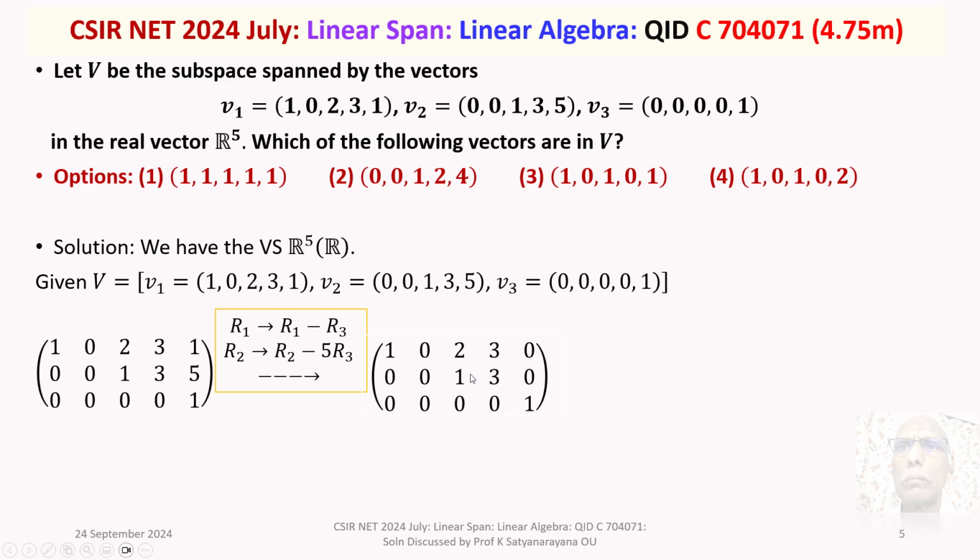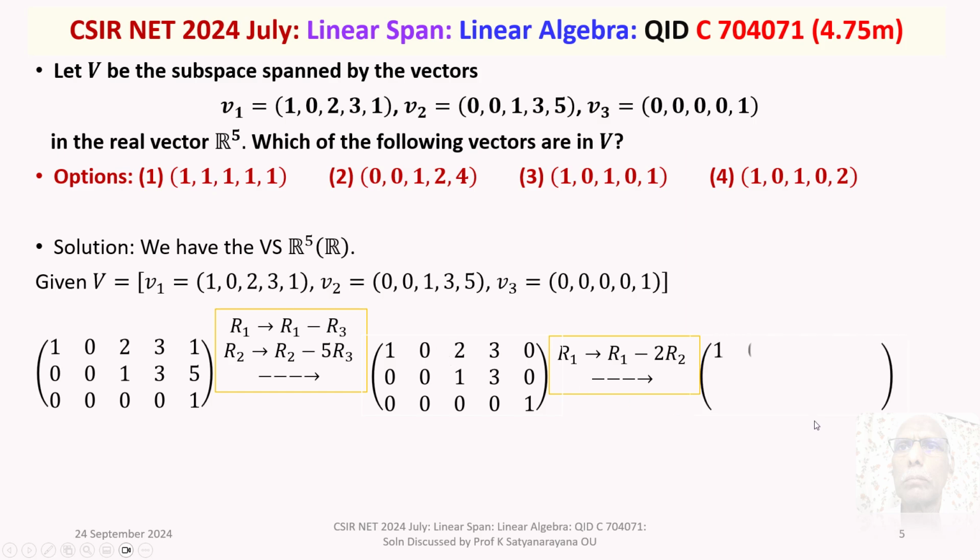Now R1 becomes R1 minus 2 times R2, and thereby this entry will become 0.